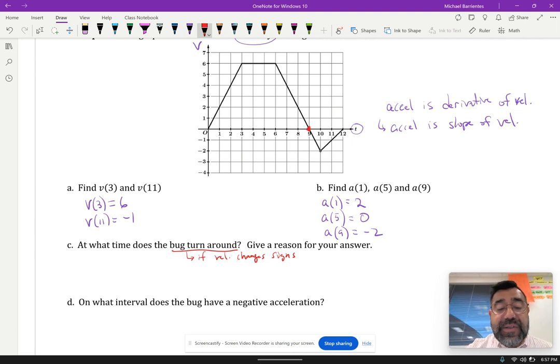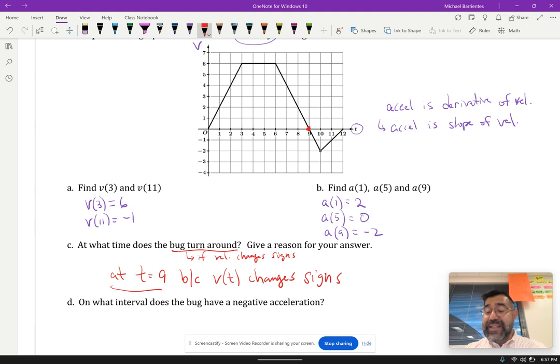It changes directions at time 9 because the velocity changes signs. There's your justification, and there's the answer. The answer is at time 9 because the velocity went from positive to negative. You can say because it changed signs, but something that signifies that the velocity is different on one side of that point from the other side of the point.